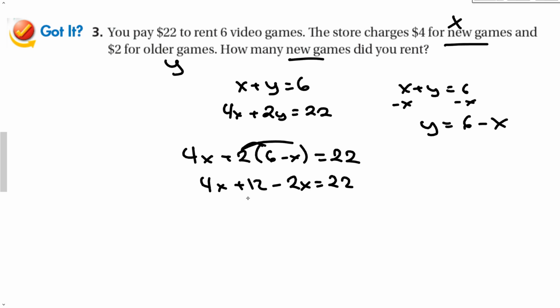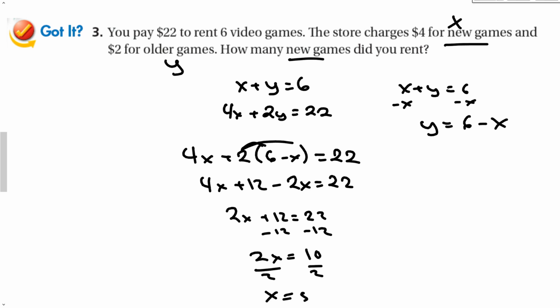Right? 4x minus the 2x, they're on the same side, so they just go together. It's 2x plus 12 equals 22, subtract out the 12, and I get 2x is equal to 10, divide by 2, x is equal to 5. Okay, so you are going to rent 5 new games, 1 old game.